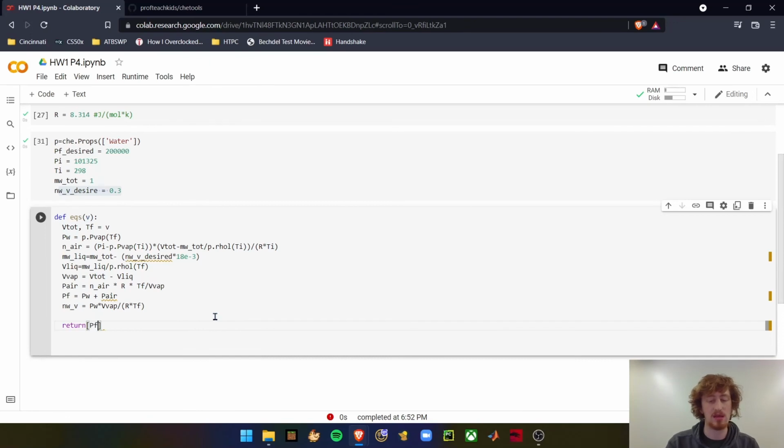So we want it to be the pressure final that we get from using these equations minus the pressure that we desire, and then same thing with the number of moles of vapor.